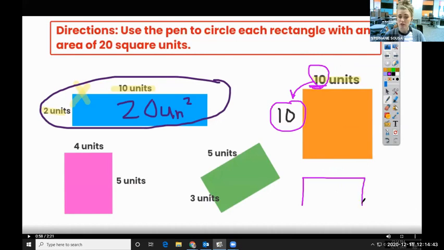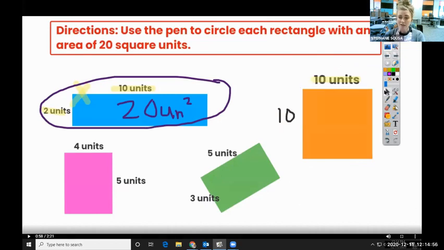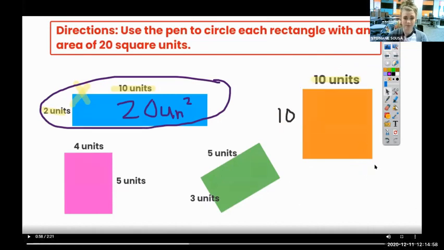The only exception to this would be if we had a rectangle and perhaps there was a question mark. Then we're trying to figure out what the total area is. But when it's a square, they have the same size sides, okay?